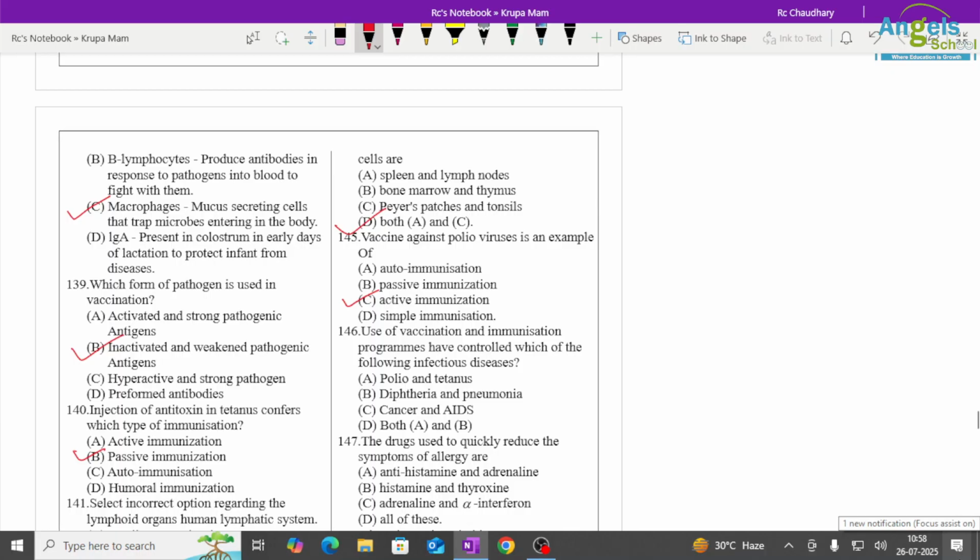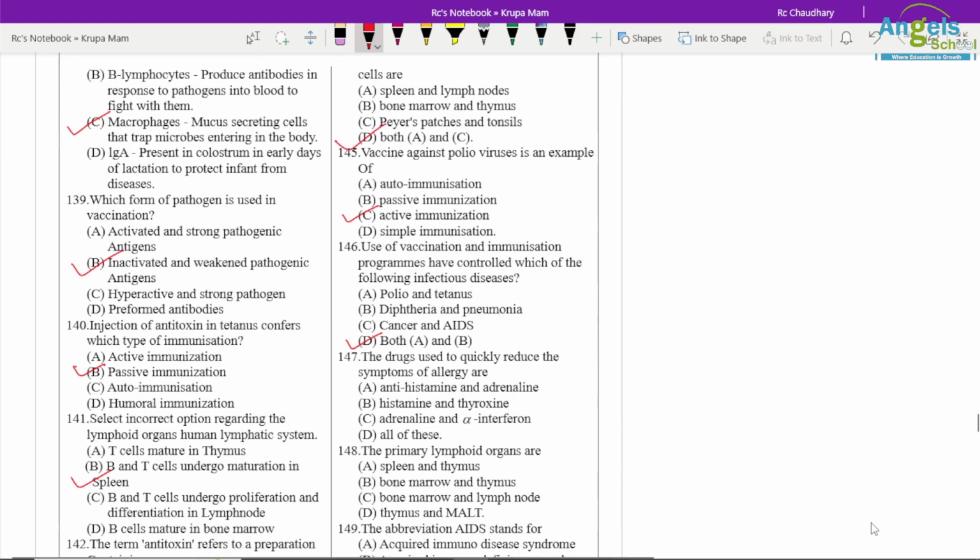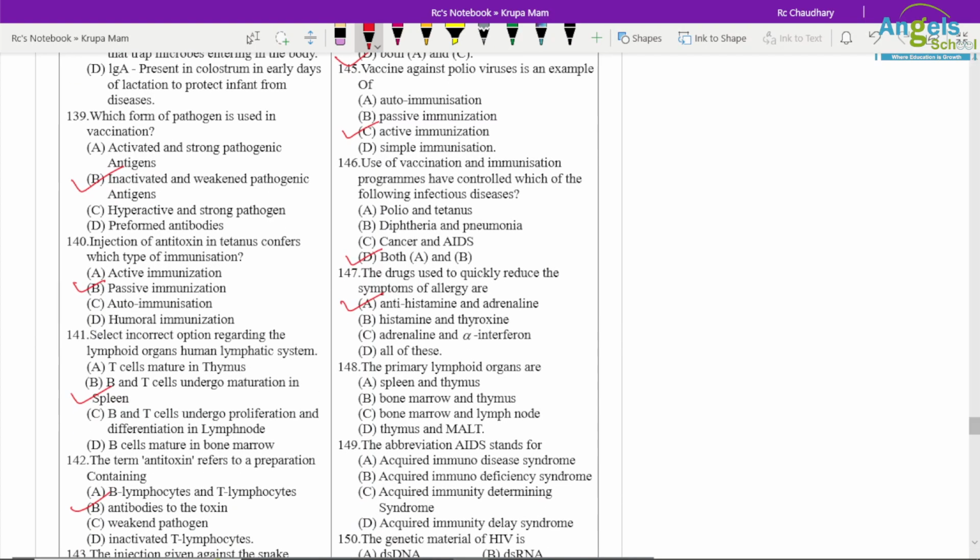Polio, tetanus, diphtheria, pneumonia. For cancer and AIDS, no vaccine has been made yet. The drug used to quickly reduce the symptoms of allergy is antihistamine and adrenaline only. The primary lymphoid organs are again bone marrow and thymus.